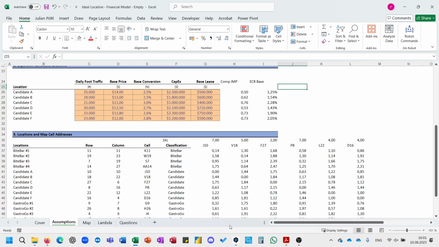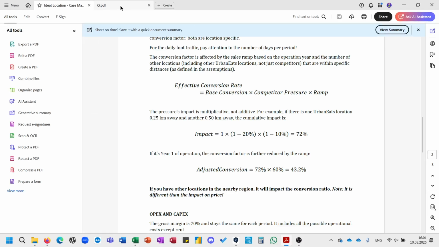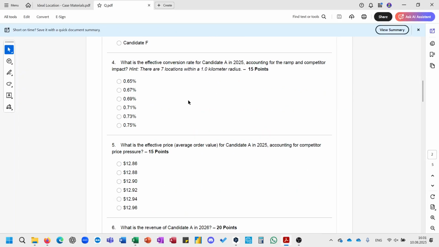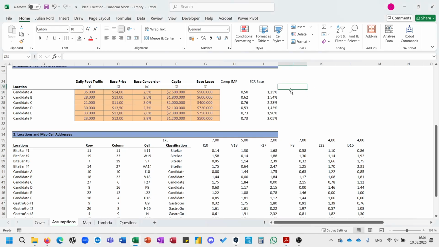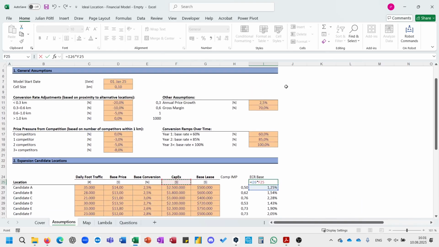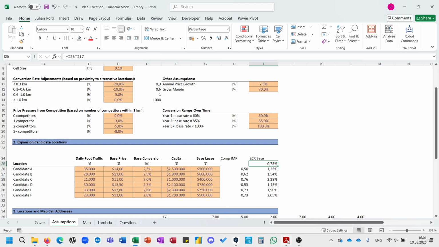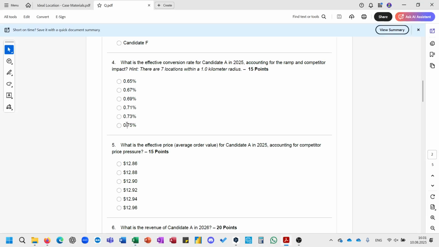And what was the question? Effective conversion rate for 2025 for candidate A. This is basically the ECR base times the ramp-up, which is 60% in 2025. So 0.75, which is answer E.